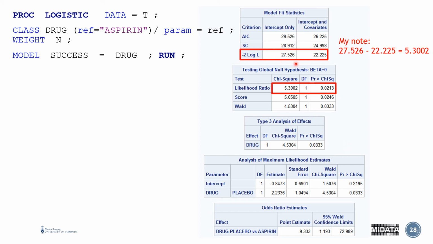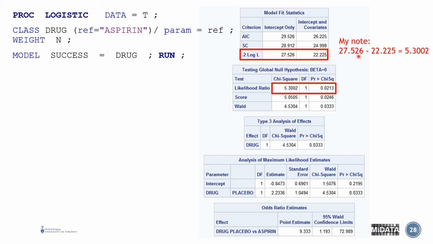In this case, the hypothesized model is your intercept-only model, and then your intercept and covariates is your model. We only have drug, which is our categorical variable of interest that we want to see if it's associated with the outcome.